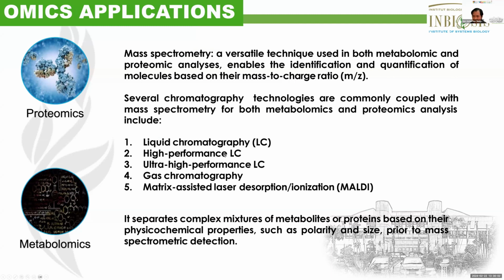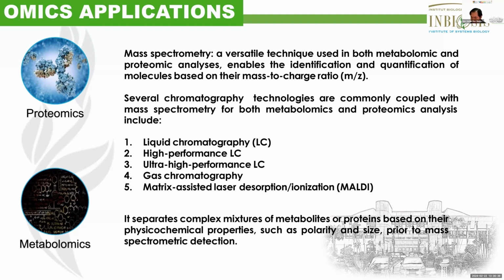Then for proteomics and metabolomics, at the moment, there is no sequencing. Protein sequencing is not a thing yet. So these two omics rely on methods that calculate the mass to charge ratio. These are five examples of the technologies that are available nowadays. We have LC, liquid chromatography, MS, HPLC, ultra high performance LC, gas chromatography, and lastly MALDI.